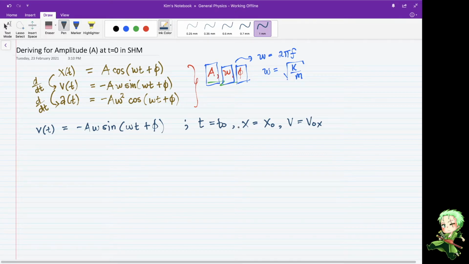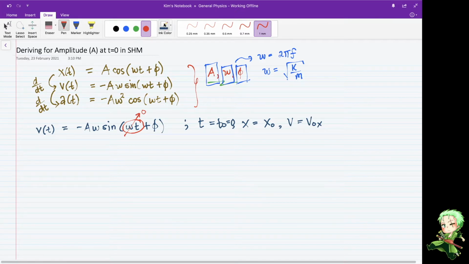Okay, so what is going to happen here is that from our expression of velocity as a function of time, t is equal to t naught, or in this case it's equal to 0. So the term omega t, the time is just 0, so this will be 0.